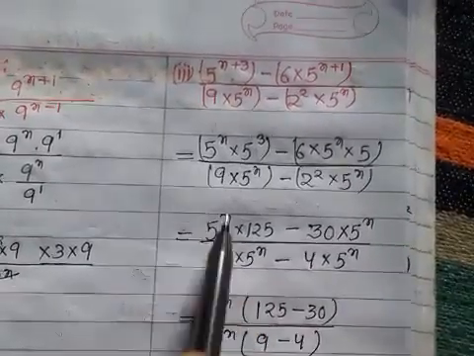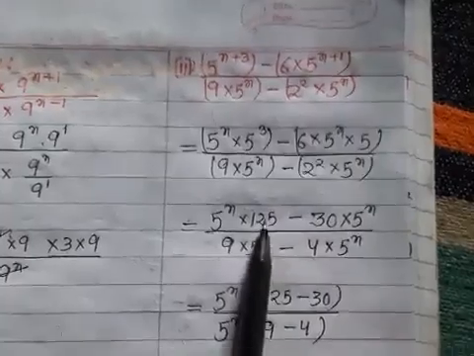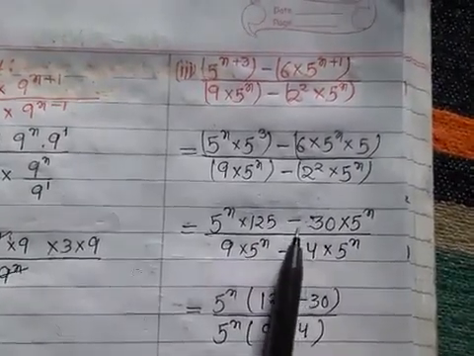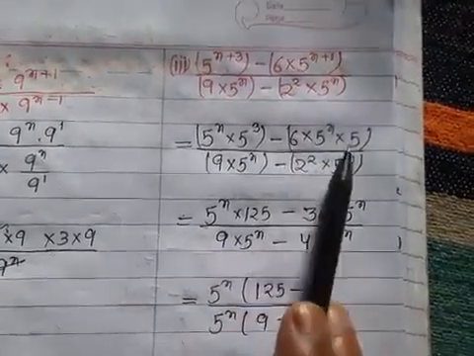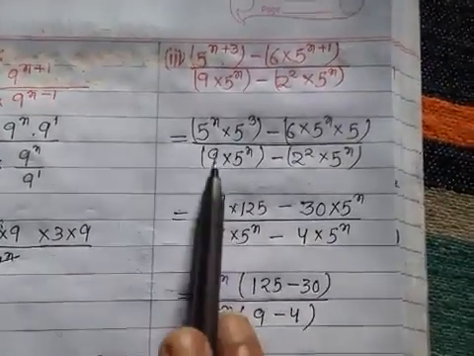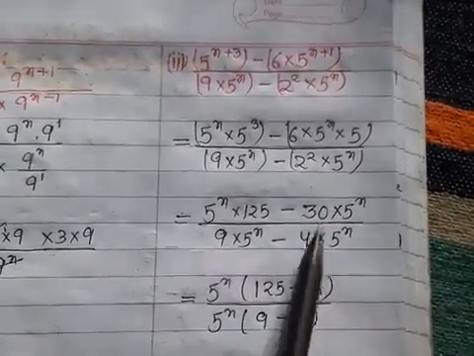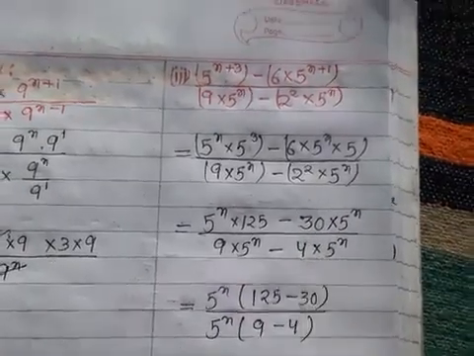So we know 5 cubed means 125. Cube of 5 is 125 minus 6 fives are 30 into 5 to the power n. Here 9 into 5 to the power n, here square of 2 is 4 into 5 to the power n.